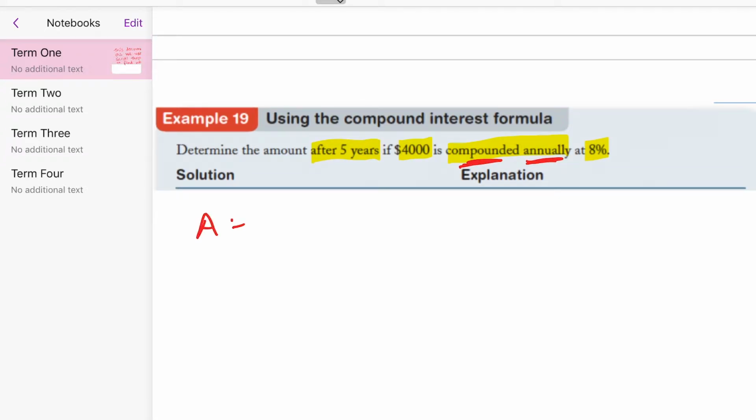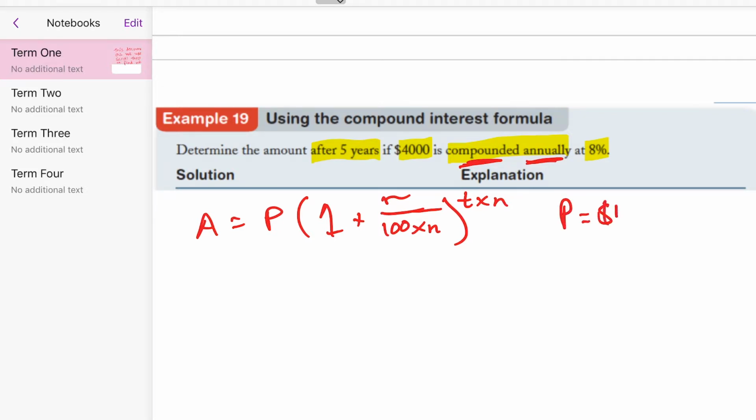So I'm going to write my formula out again. A is equal to the principal, 1 plus r over 100 times my n, to the power of time multiplied by n. So my principal is $4,000. My rate is 8%.